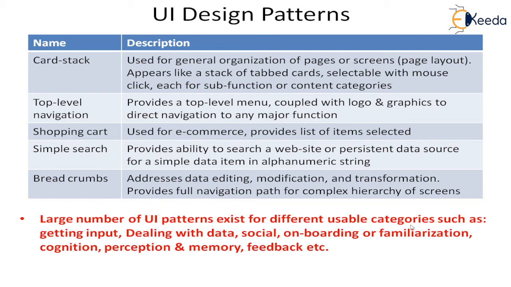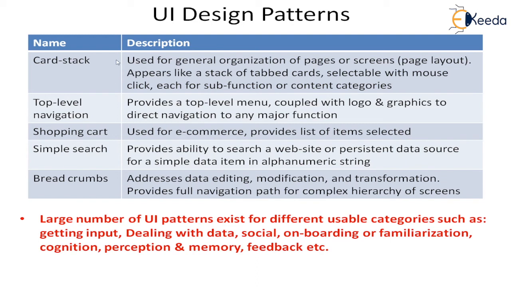They are categorized into getting input type, dealing with data type, social type, onboarding or familiarization type, cognition level, that means a little higher level, perception and memory type, and feedback type. Based on each category, there are a few design patterns which have been developed and released to software engineering practitioners.